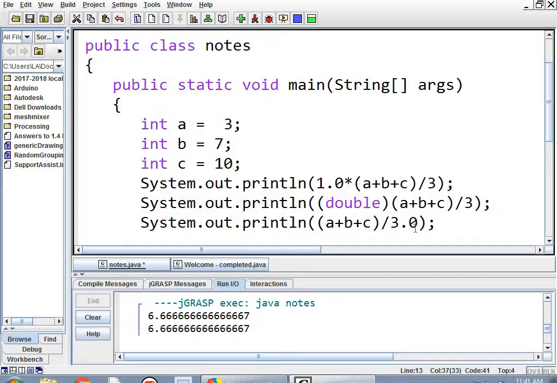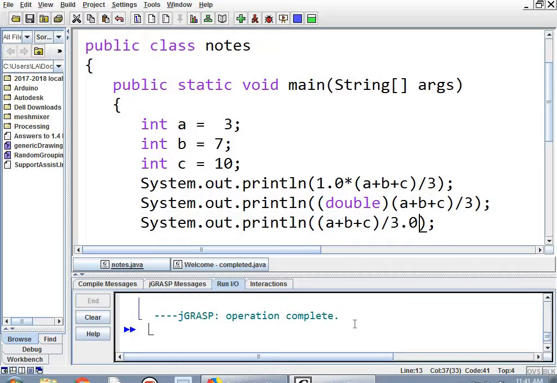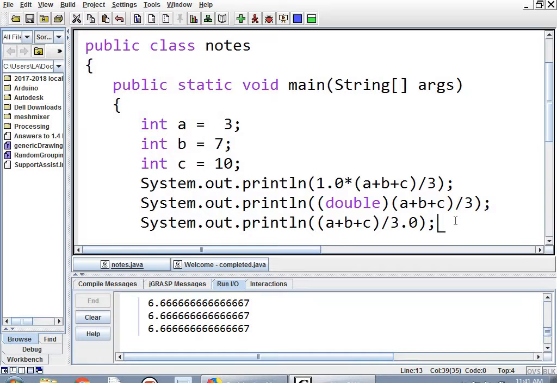So if you divide by a double instead of an integer, then you won't lose anything. So now we have 3 of those things. So that's what I wish I'd said when we were talking about casting on Friday.